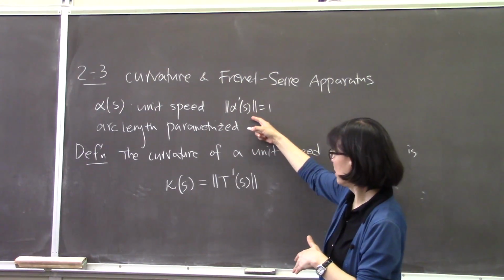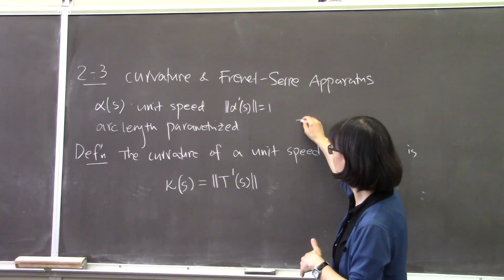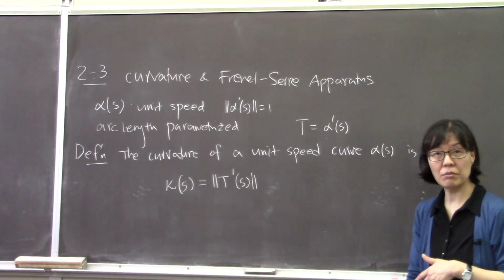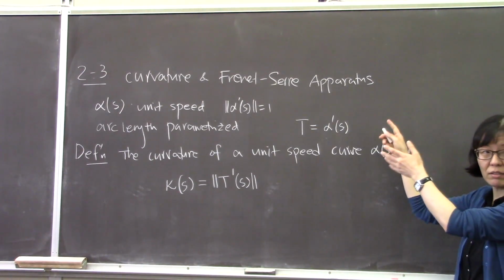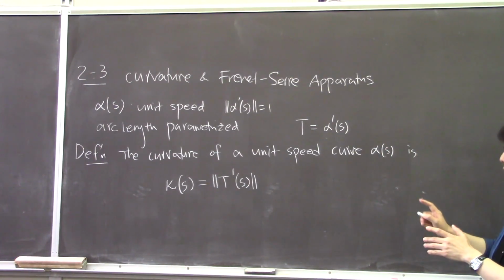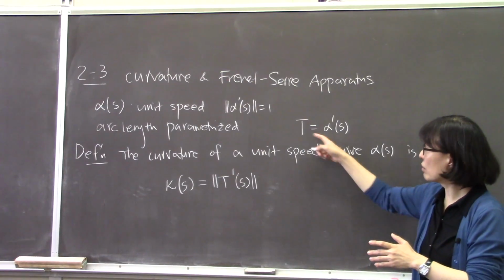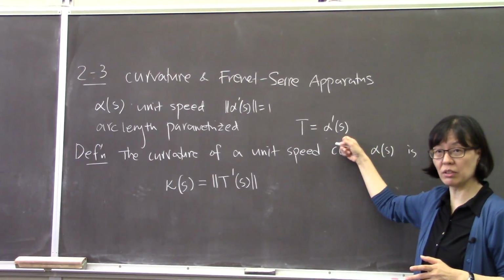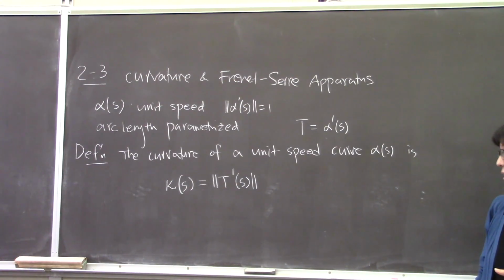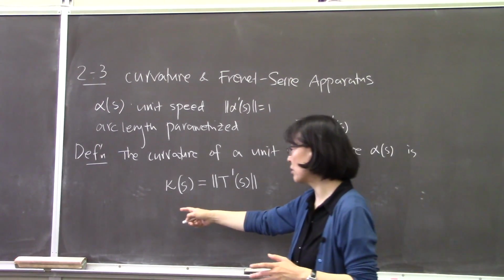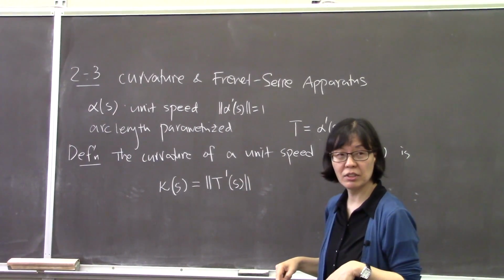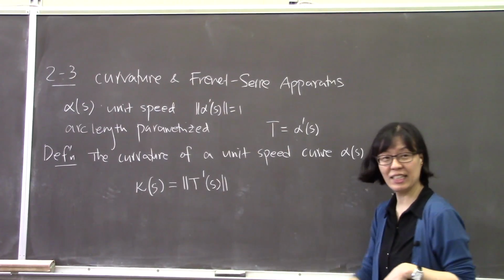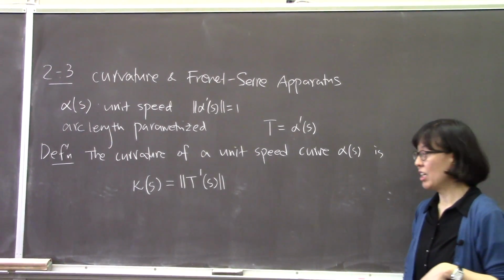In this case big T is alpha prime of S. If it is not unit speed, we have to divide by its own length so that we can make it a unit. But this is a unit already, so big T is simply the derivative of the original curve, right? Then we define the curvature as the magnitude of the rate of change of this big T. Okay.